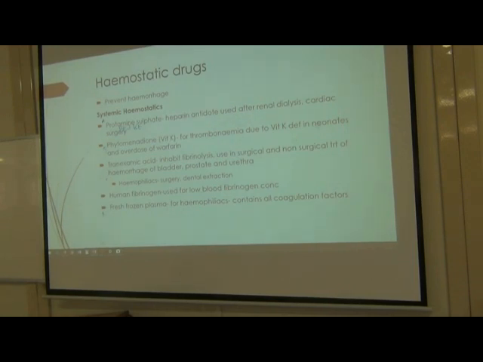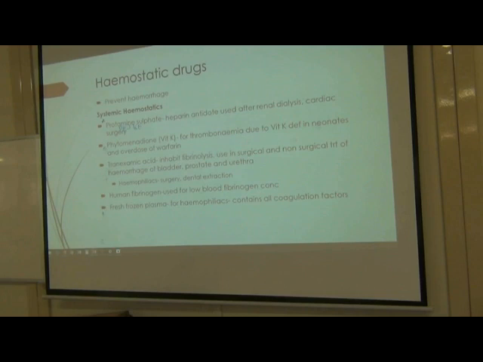You need to help them stop bleeding. That's why you see tranexamic acid being used during surgical or non-surgical treatment of hemorrhage of the bladder, or for hemophilia during surgery or even dental extraction, which will make them bleed so much that you need to introduce a hemostatic drug.